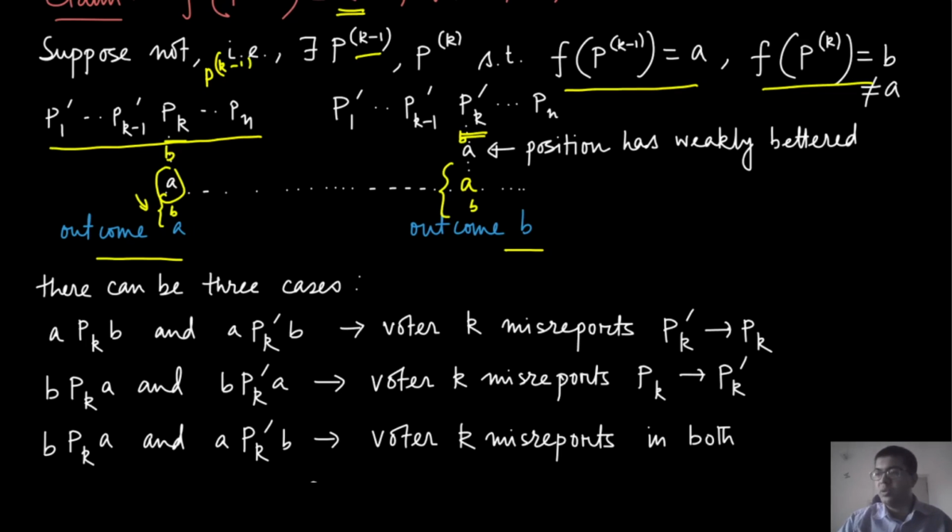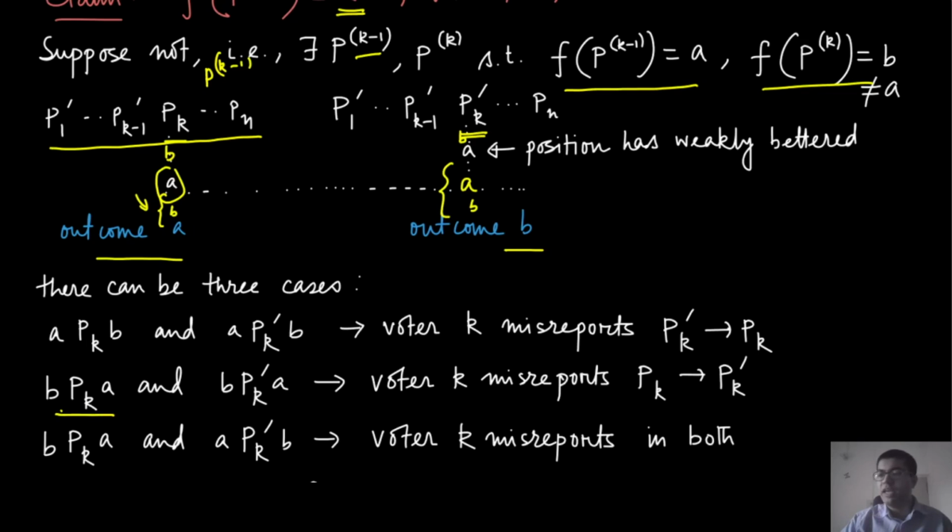So when A's relative position increases, something above A can go below A, but there can't be any alternative which was below A in pk that goes above A. So that is not allowed. Therefore, that is the reason we can have only these three possibilities.